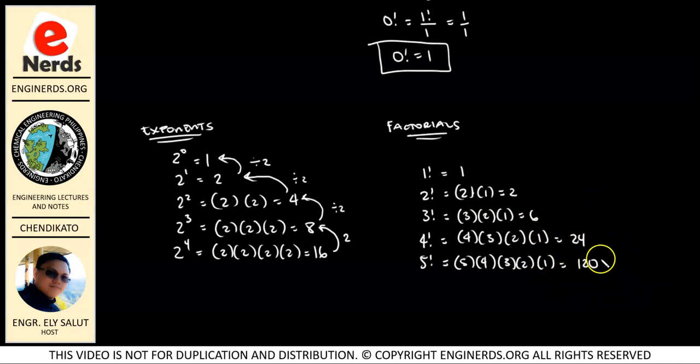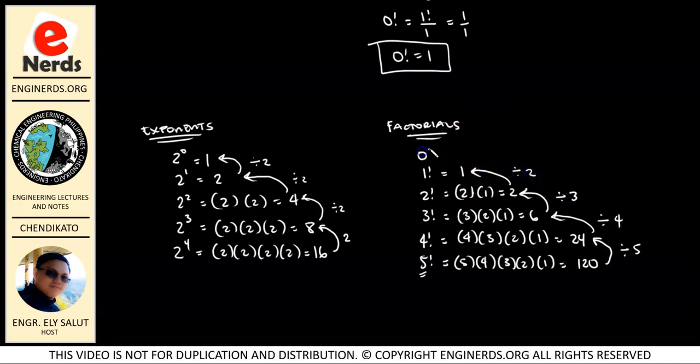Okay, so what can you observe sa pattern natin dito? We have 120, and if we divide this by 5, you will get 24. Now, 24, if you divide by 4, you will get 6. 6, if you divide by 3, you will get 2. Now, 2, if you divide by 2, you will get 1.